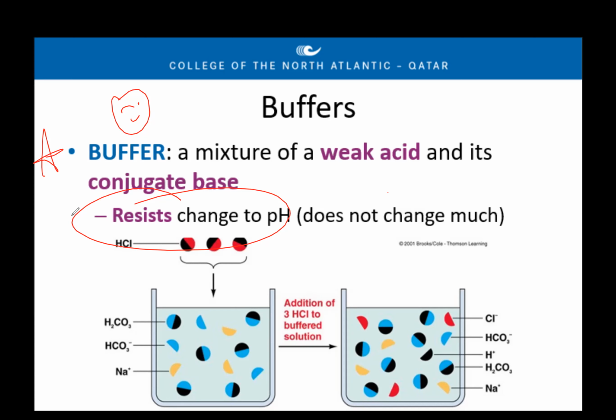So your stomach is full of concentrated acid, and nothing you eat will change your body's pH. It's impossible, unless you're very sick. Your body has a way to resist changes in pH. More specifically, the blood in your body comes with its own buffering system. I think it's hydrogen carbonate, or carbonic acid and carbonate, where you have a weak acid and its conjugate base that will resist changes in pH.